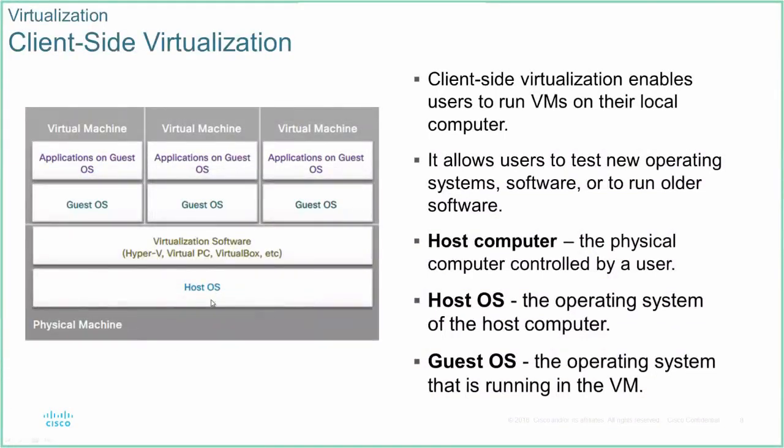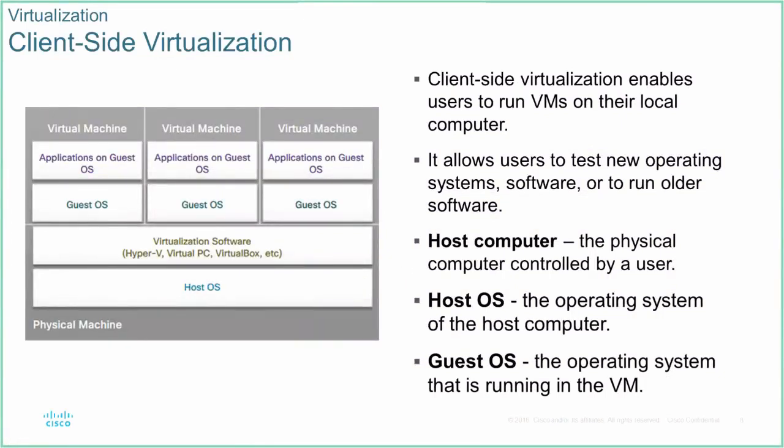We've got the host operating system. Then we have our equivalent to our hypervisor running here, which is VirtualBox or VMware, whichever one we choose to go with. And then we can run the various virtual machines, which they're referring to as a guest operating system there.